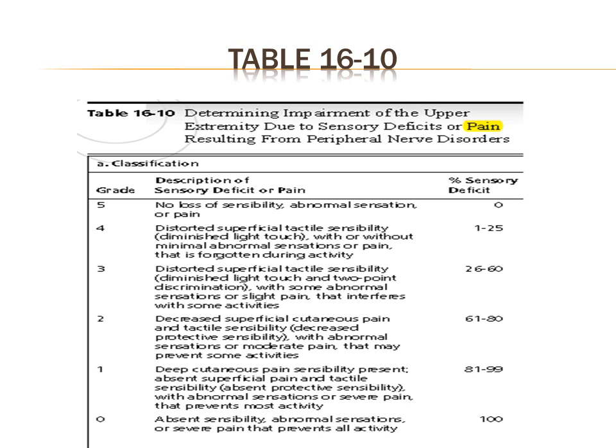A grading of 4 provides for 1 to 25% loss of function of the sensory nerve, of the named peripheral nerve. The definition of a grade 4 is that there is distorted superficial tactile sensibility, meaning there's diminished light touch sensation.